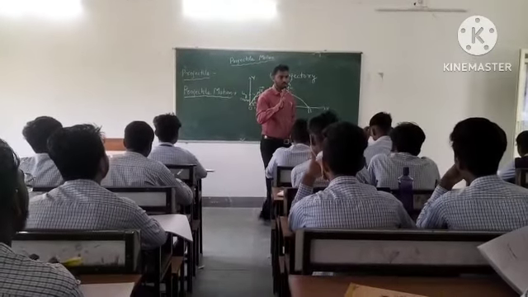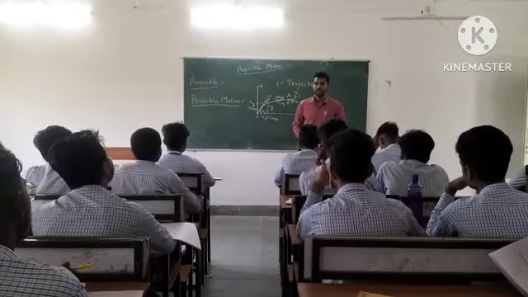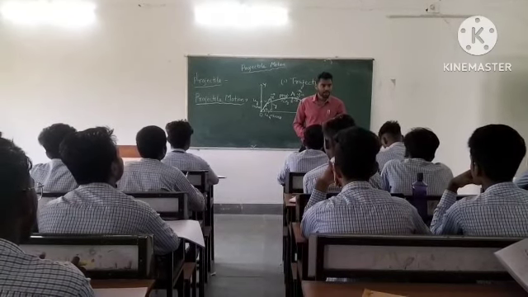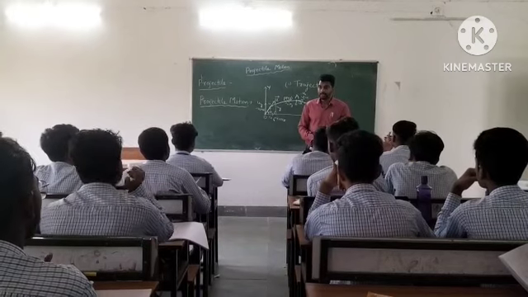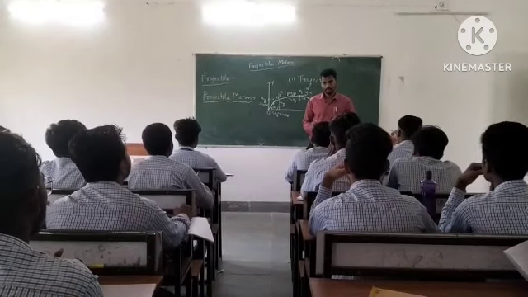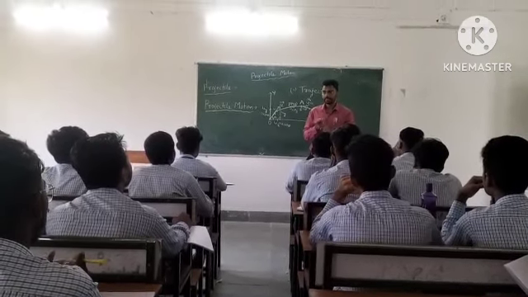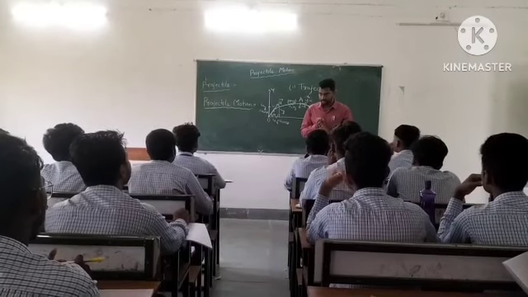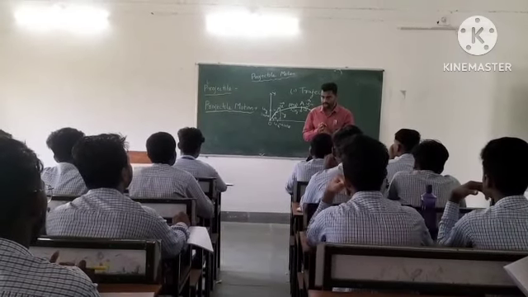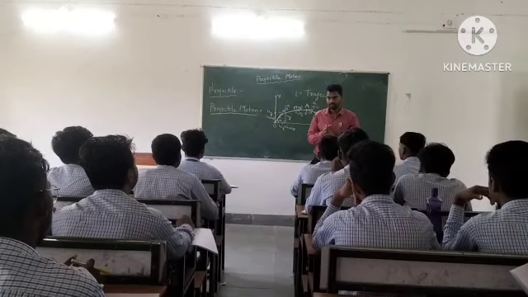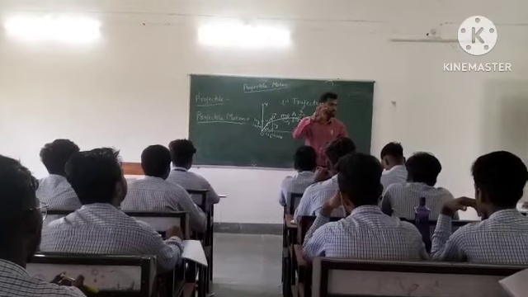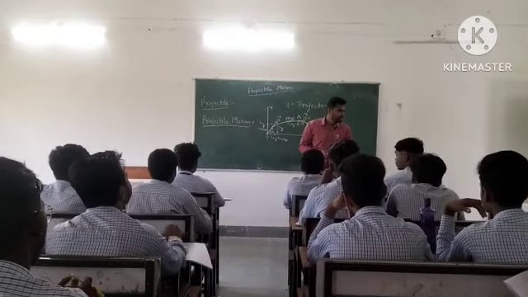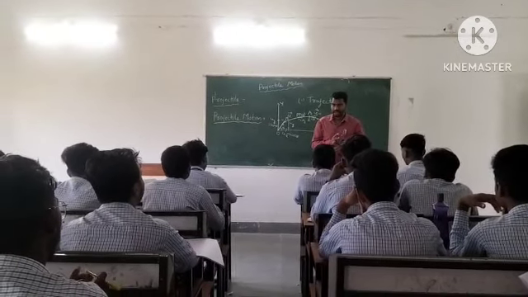So we have 4 important points where we want to calculate the parameters of motion. What are the parameters of motion? Time, displacement, velocity, acceleration. These major parameters we are calculating throughout our study. First, what is time?